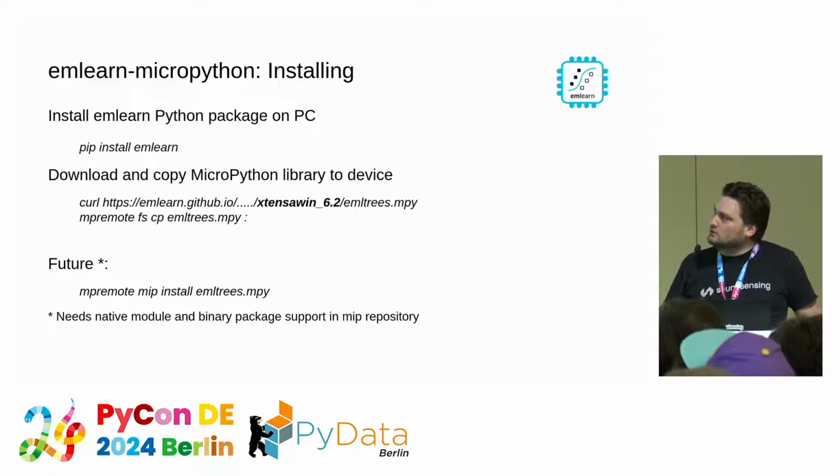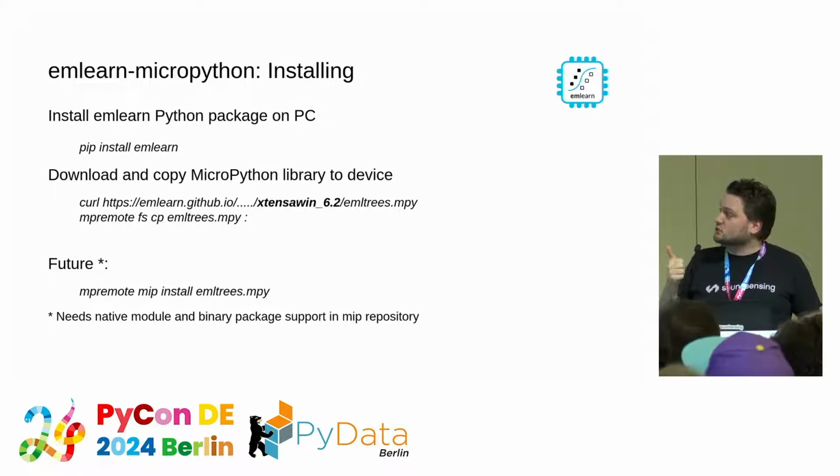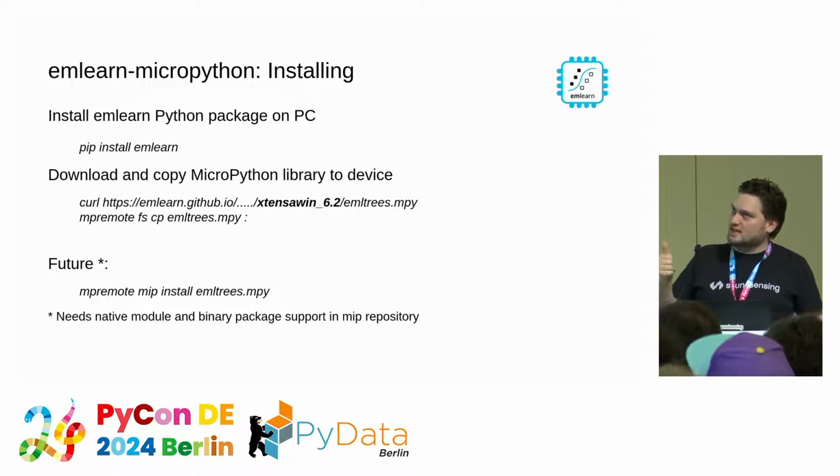And how to install emlearn MicroPython: the emlearn package that you use on your host, on your PC, you install with pip as usual, and then the MicroPython library, which will go onto the device, you download from GitHub, and then you copy it. And those magical bolded things there, like xtensawin 6.2, that has to do with the architecture that we're on, because this is compiled stuff, and which binary version it is, so it's attached to the MicroPython version.